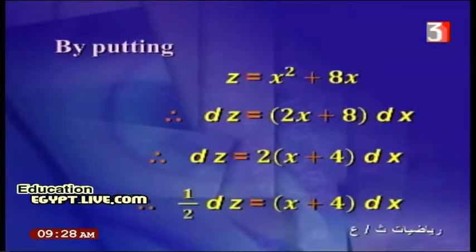Then half dz equals (x plus 4) multiply dx. Now the original function, the integration of (x plus 4) over (x power 2 plus 8x) all power 4 dx, we can substitute (x plus 4) dx by half dz and (x power 2 plus 8x) all power 4 by z power 4.